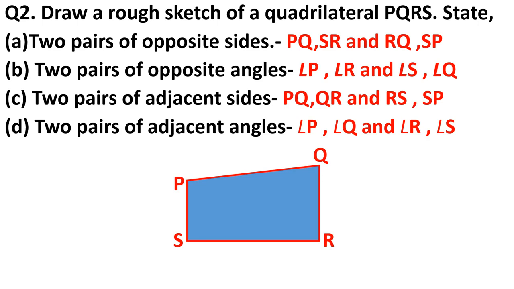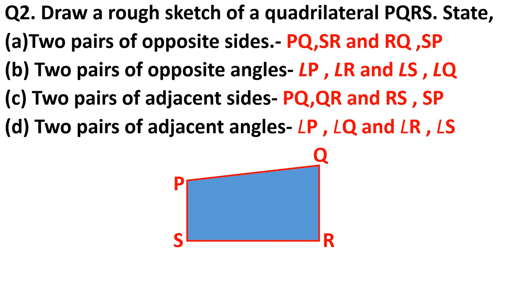Now see two pairs of opposite angles in which no arm is common. That is angle P and angle R. This is one pair of opposite angles, angle P and angle R. Another pair is angle S and angle Q. This is the second pair of opposite angles. Now two pairs of adjacent sides, in which one vertex is common: PQ and QR.